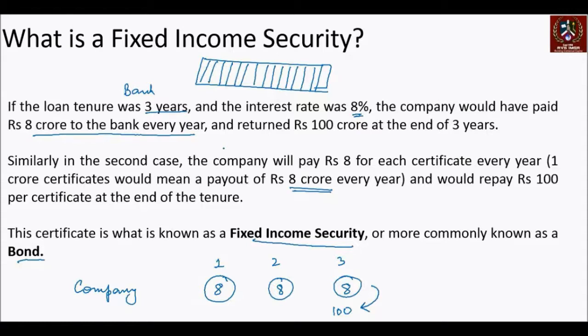That is why it is called a fixed income security. In simple words, it is nothing but a loan, right? Always remember that a fixed income security is a loan, is a debt. Whenever you talk of bonds or fixed income securities, these are all kinds of debt that the company has issued, right?